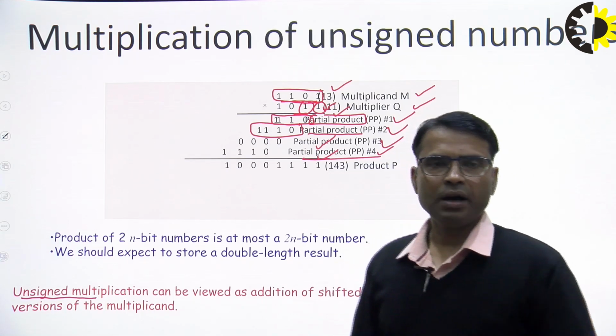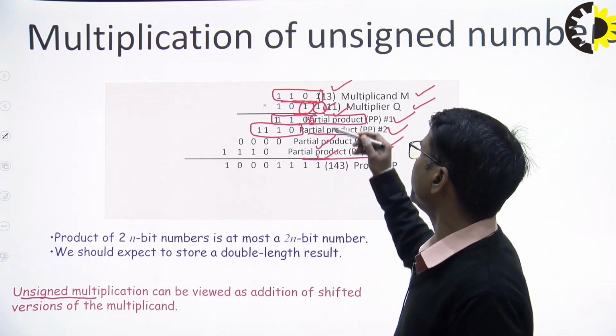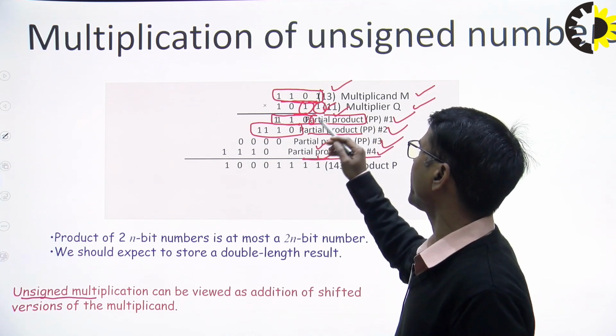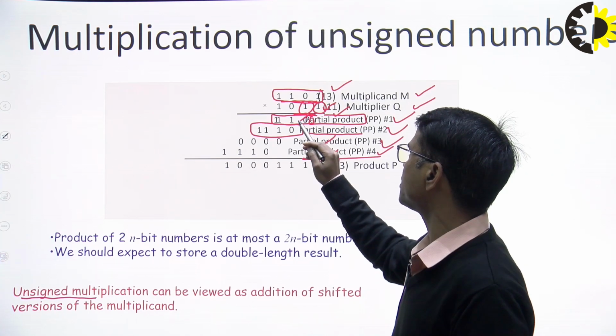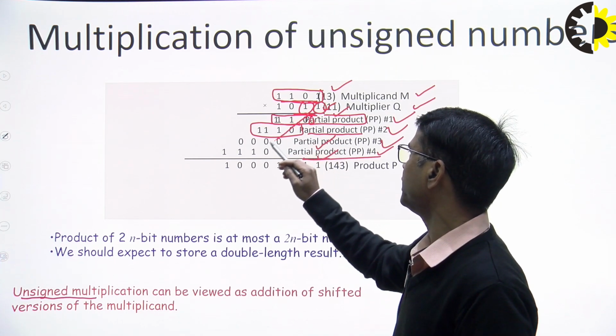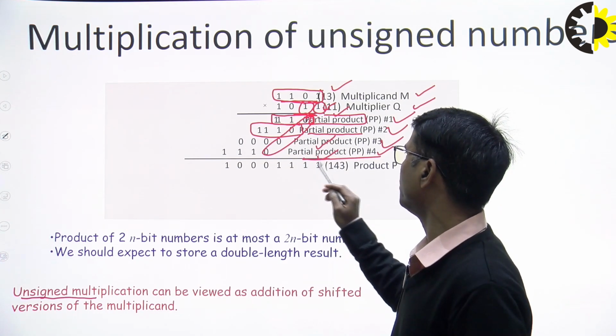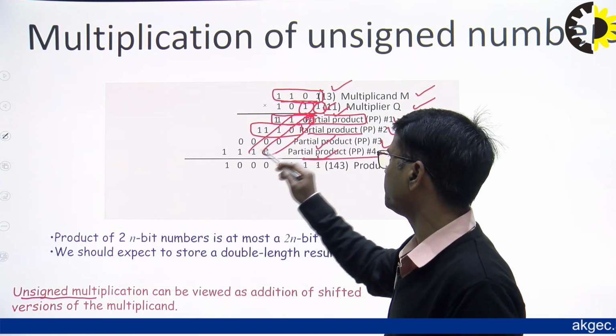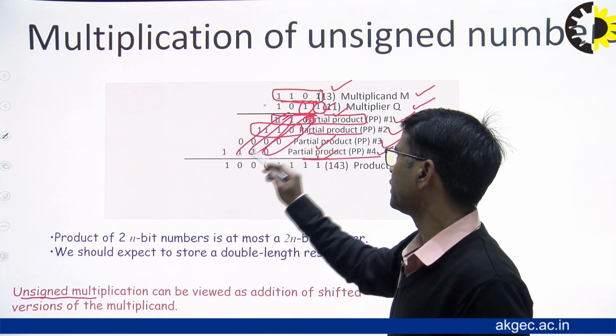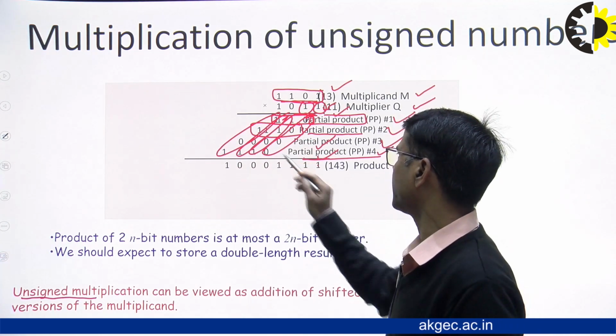Now, in the paper and pen approach, we add these partial products and we get the result.